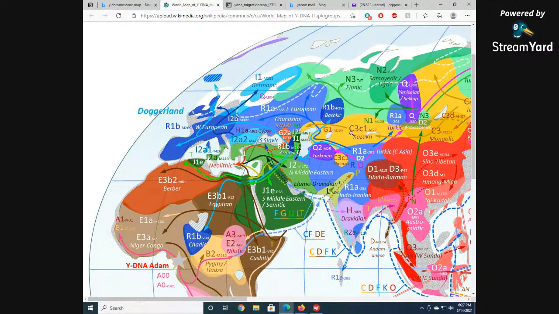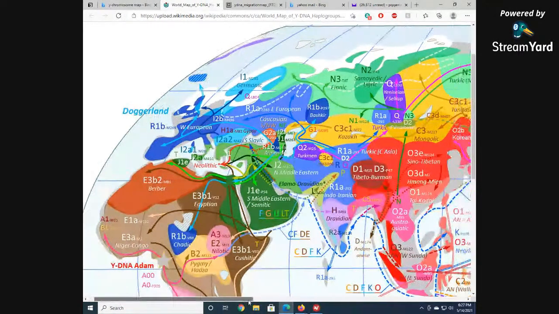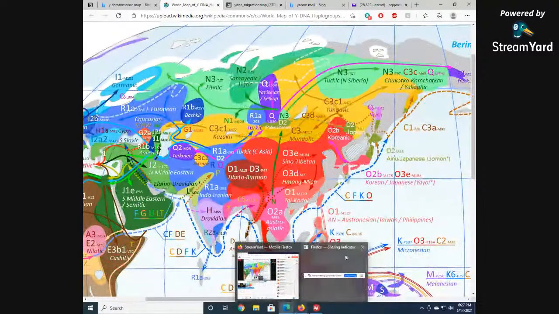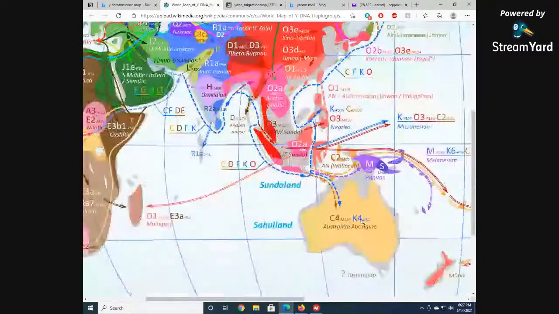So the CY chromosome is over here too, and we know very well that the CY chromosome went all the way to Australia, the Australian Aborigine paternal line.